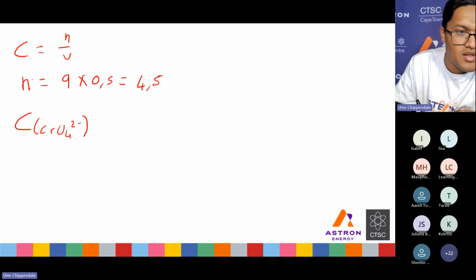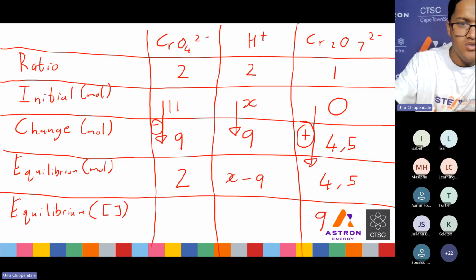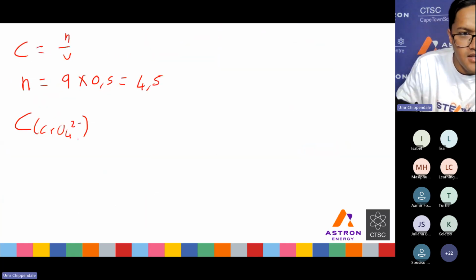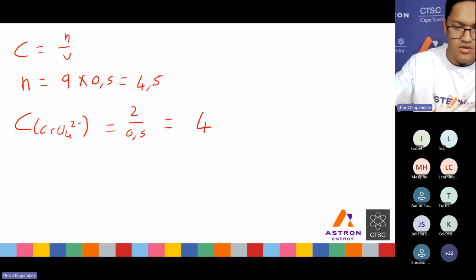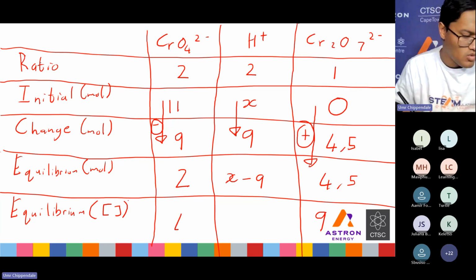Remember, this was for a product on top, this is the other one at the bottom. We are going to take that 2 divided by 0.5. So that's going to be 2 divided by 0.5. That will give you an answer of 4. So therefore, your answer over here is going to be 4.